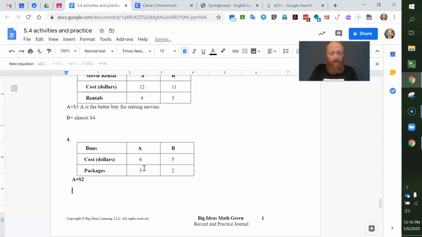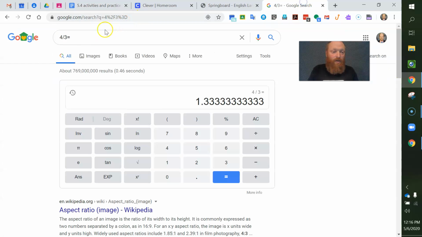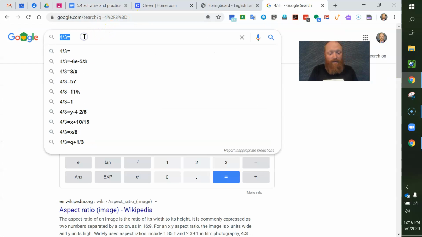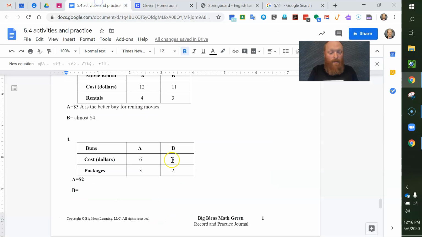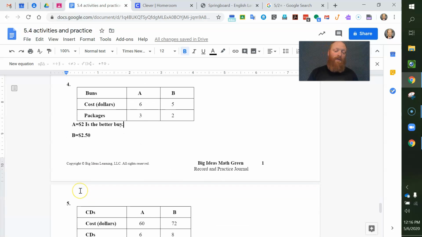Whereas B, 5 divided by 2, so this is going to be 2.5, or $2.50. So which is the better buy? A is the better buy, because $2 per package is less than $2.50 per package.